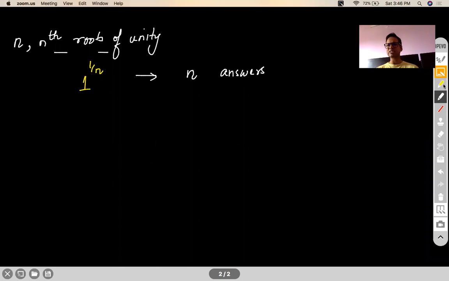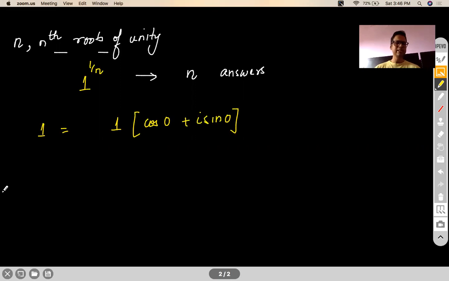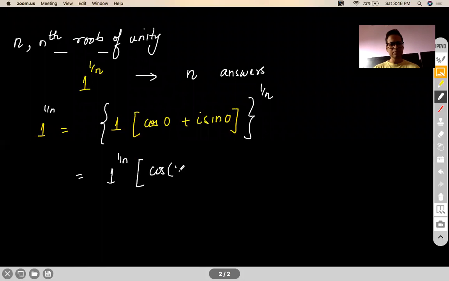Okay, so how do you find this out? Very simple. We'll be following the same process as what we had learned in de Moivre's theorem. So 1 is a complex number, we all know, and can be written as cos 0 plus i sin 0. And when you're raising it to the power of 1 by n, as per de Moivre's theorem, this will become something like this.